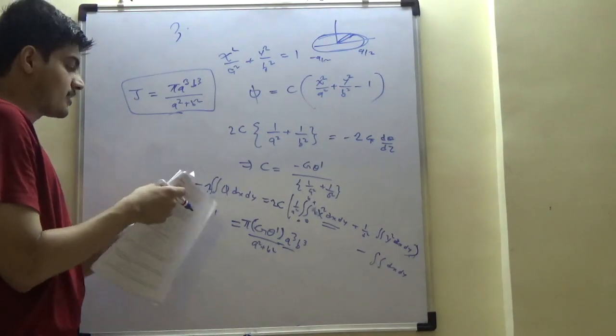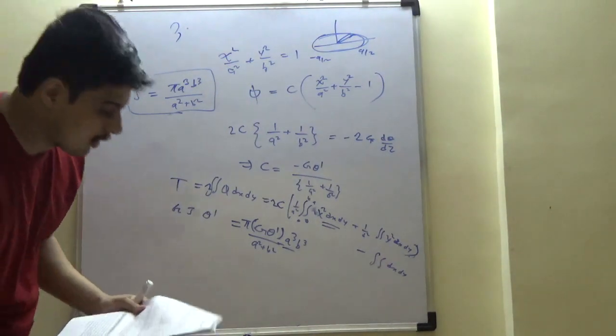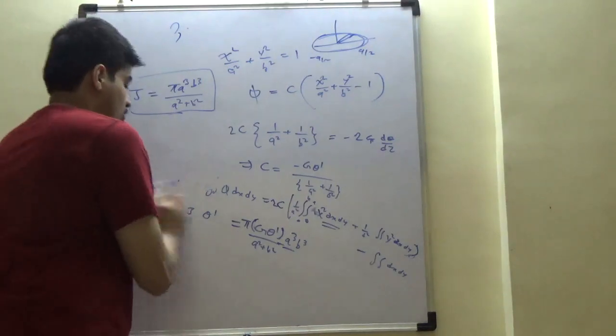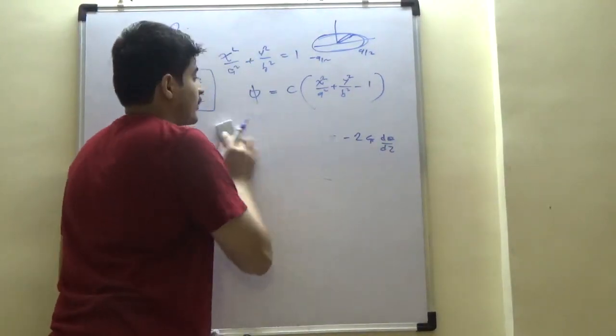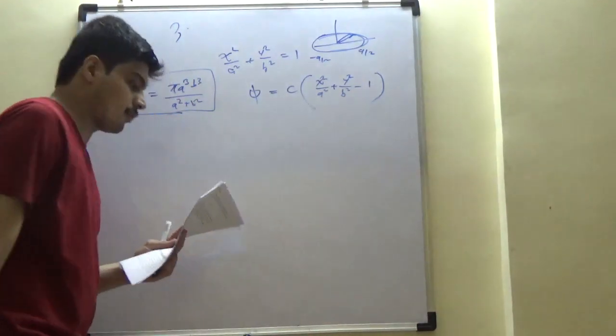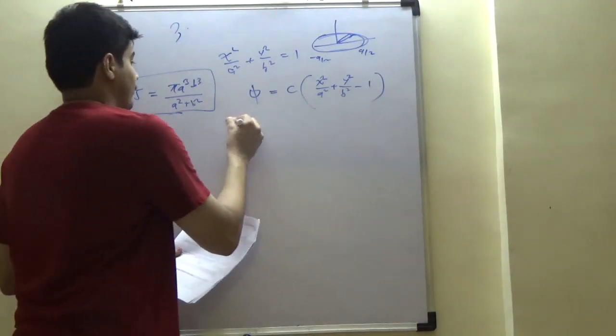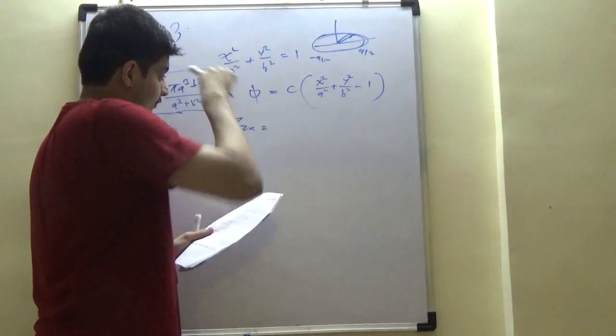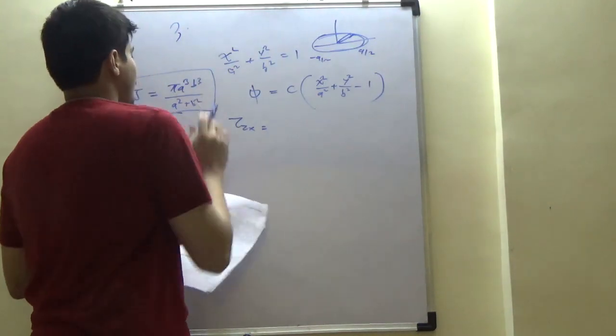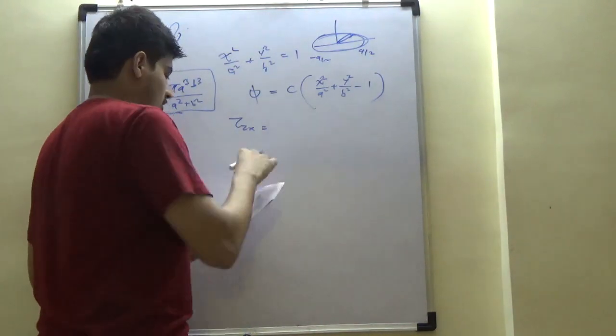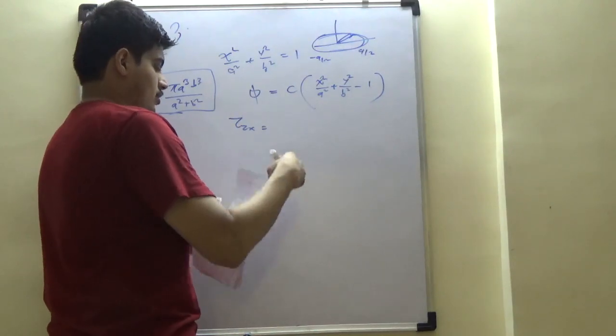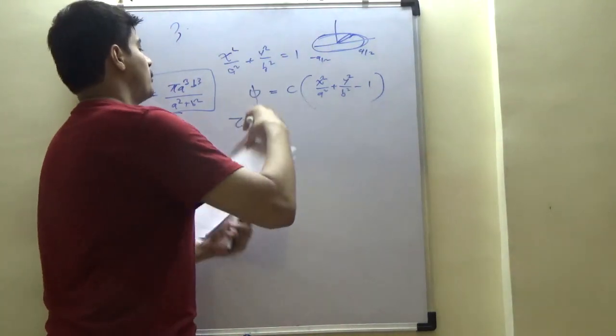Now having known this, the task for us is to find out the warping function, right? So let us look at the warping function now. To look at the warping function, we have to first find out stress, tau zx, right? Now everything is known here, the constant is known. So the constant, let us substitute back, right?